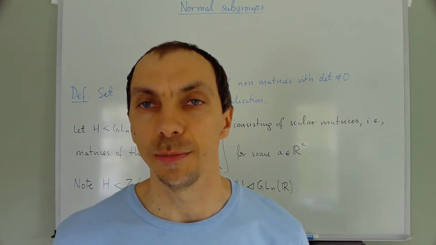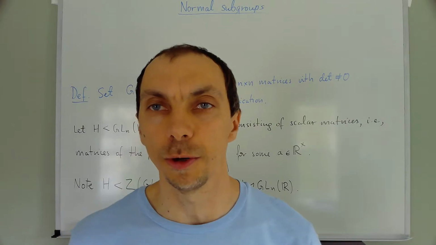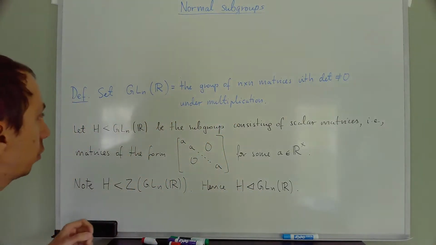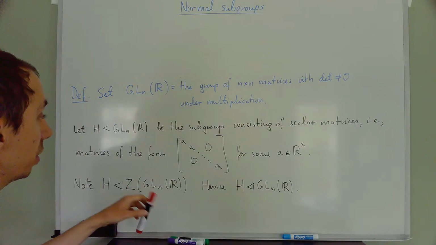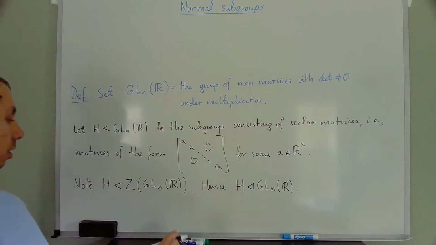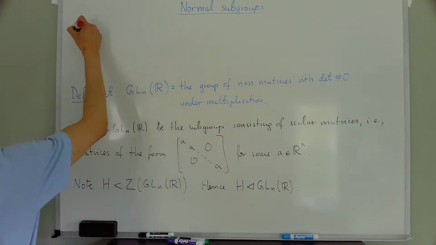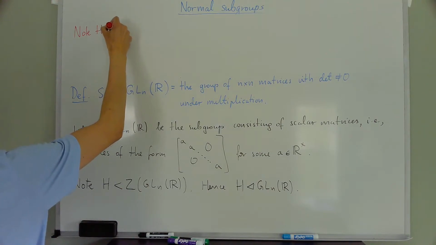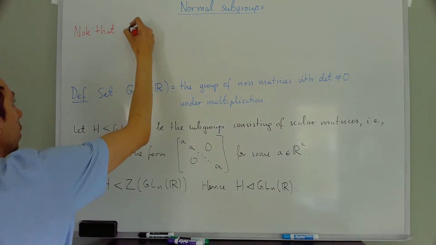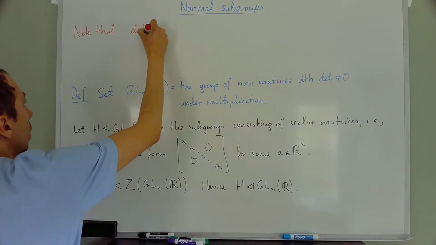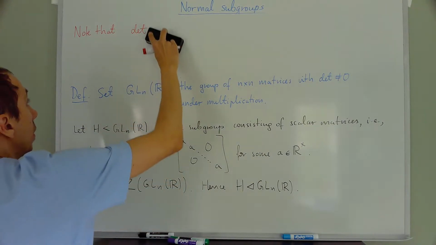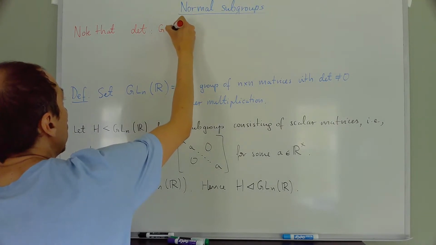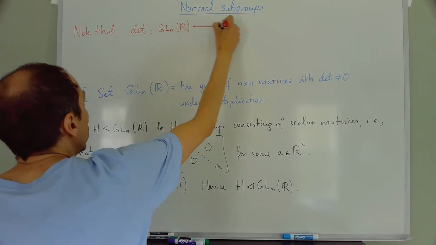Okay, the one more example that I have in mind has to do with a certain homomorphism that I can construct from the group of n by n invertible matrices with entries in R. So, what's that homomorphism? Note that determinant gives you a map from GL_n(R) to what?